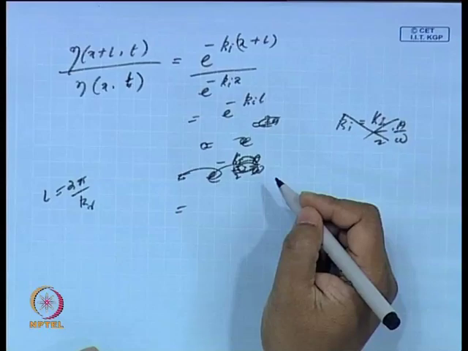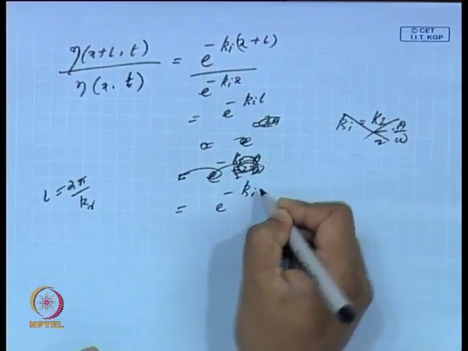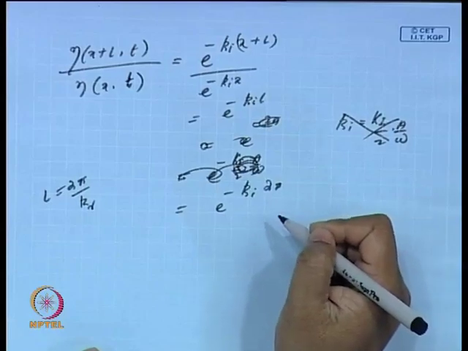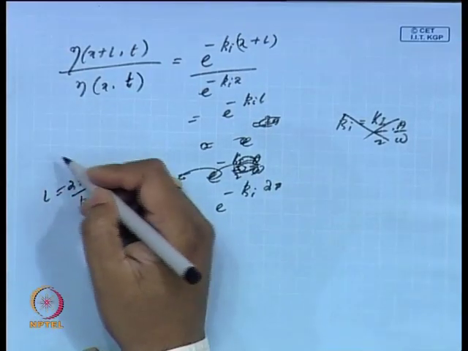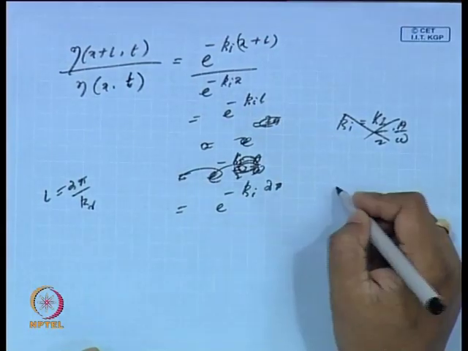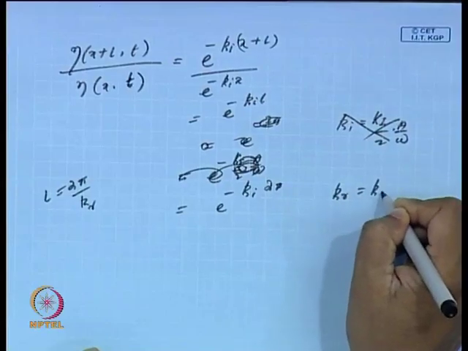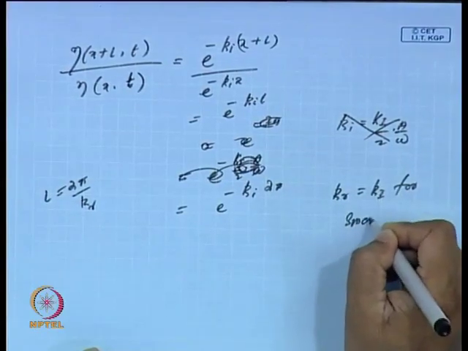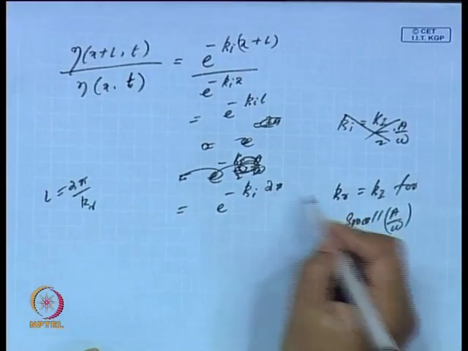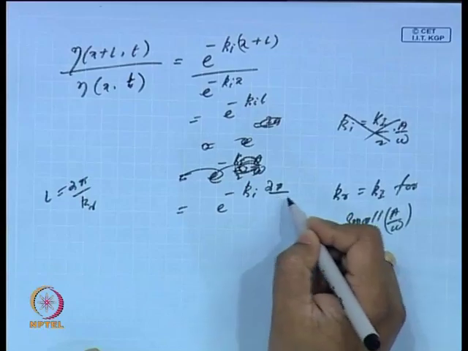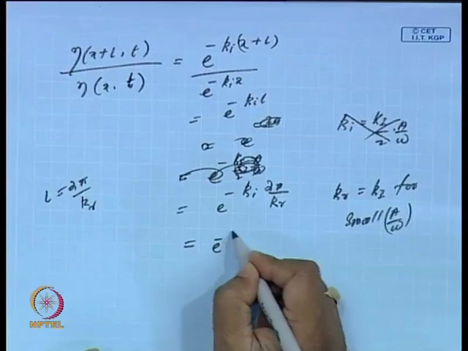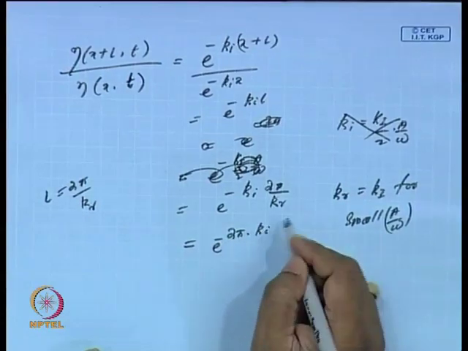So, this will be e to the power minus k_i into 2 pi by k_r. Here k_r is equal to K_I for small a by omega, because of this term, then it will be 2 pi by k_i k_r, and that will give me e to the power minus 2 pi into k_i by k_r.